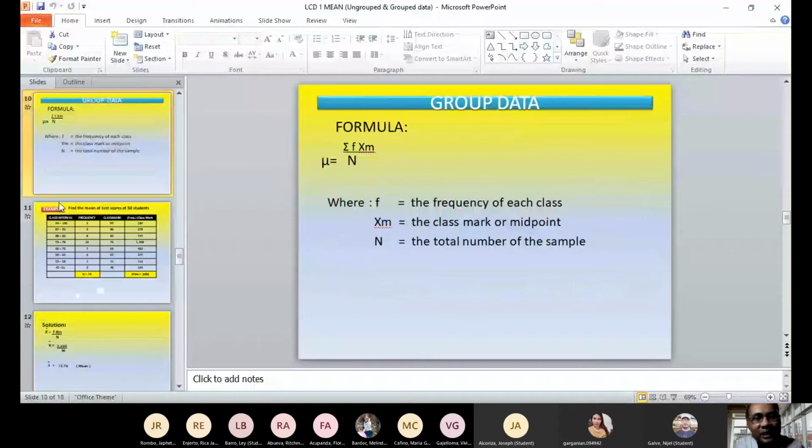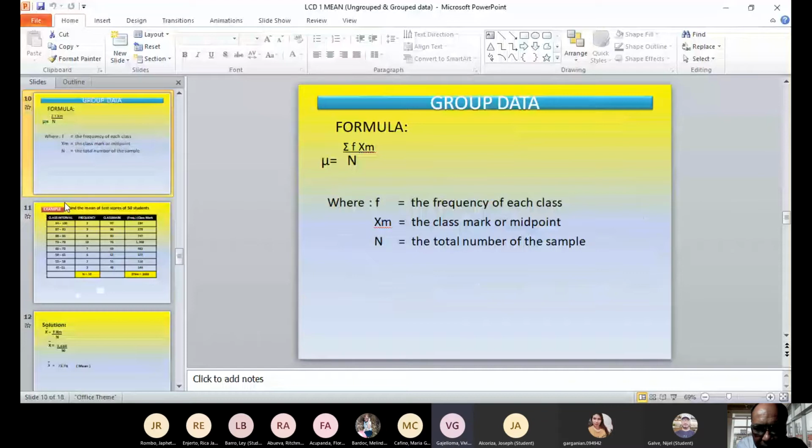For the group data. Okay. So, this one. Take note of the formula for the group data. So, for the group data, mu, as what I have said, ang mu is the population mean. Meaning to say, group data is a very large number of observations.